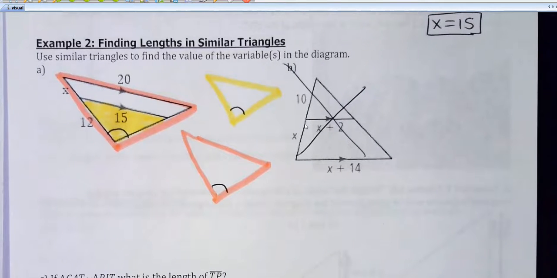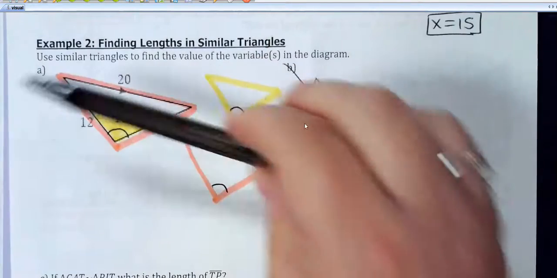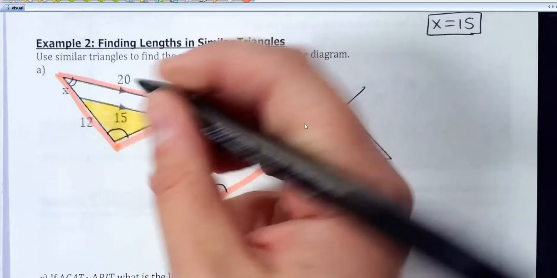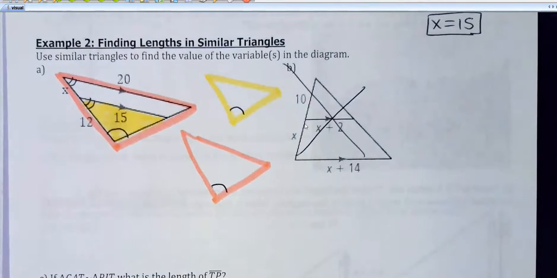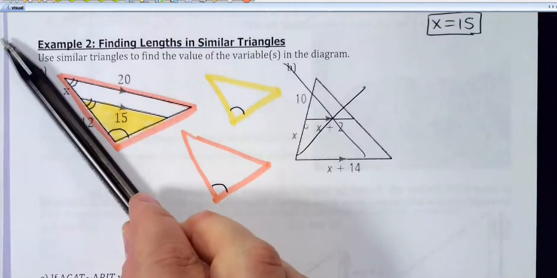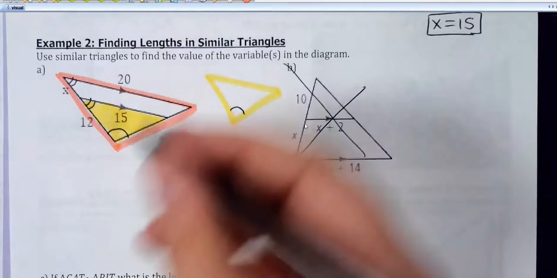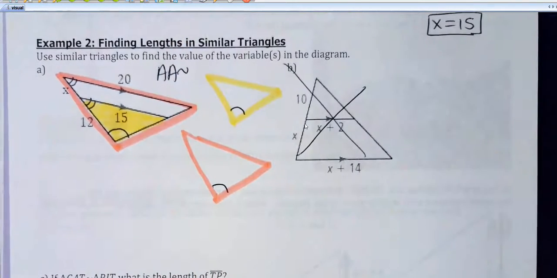So I can't show any sides are in proportion, but what I can use, if I have these little extra arrows, is that they're parallel lines. Now, two different arguments here. This corner and this corner would be a set of corresponding angles. If I use this side of the triangle as a transversal, those two angles are corresponding angles, and automatically I could have angle-angle similarity because I already have the set from the top.